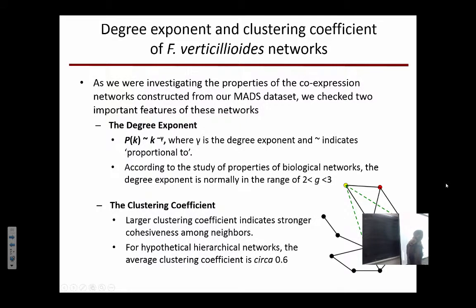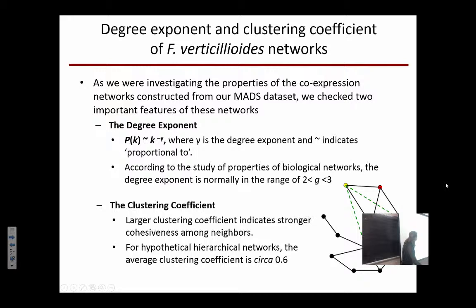And so K would represent the number of links or the number of degrees from each node, and gamma represents the degree exponent. Based on both biological and non-biological systems, we found that gamma is usually between 2 and 3. The closer it is to 2, the higher the probability. The closer it is to 3, the lower the probability.